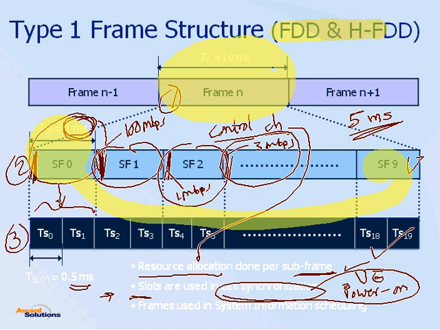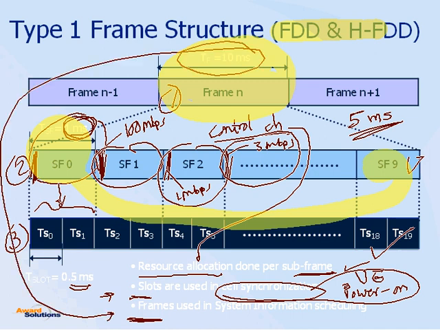So we know why we have slots, why we have subframes. Why do we have these so-called frames, 10 millisecond long frames? The information about the system is sent in the units of frames. So let's say you want to convey to the user that the system bandwidth that we are using in the cell is 10 megahertz. That kind of information is sent in the so-called master information block, and that will be using the unit of frames.